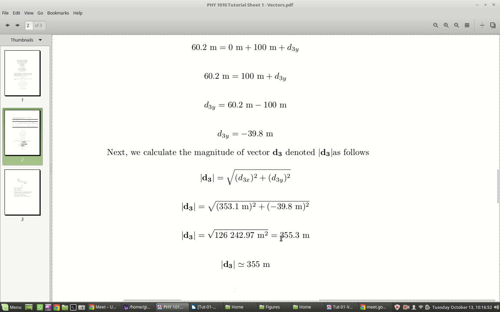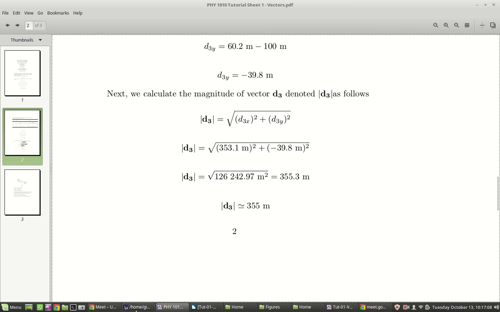The next bit, you have to look at where the vector lies on the xy plane.